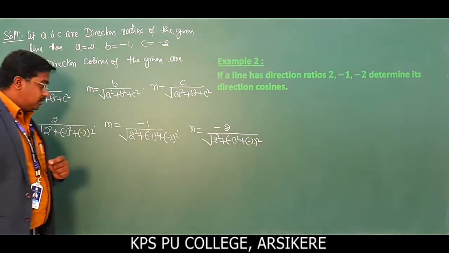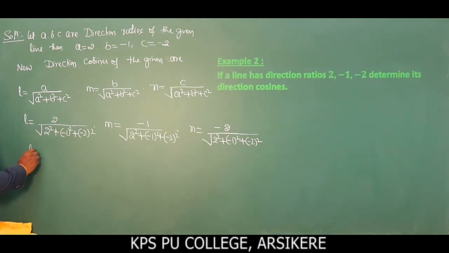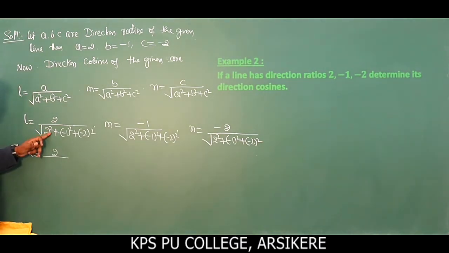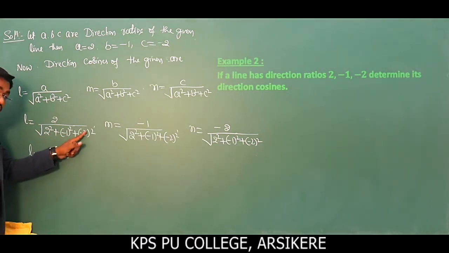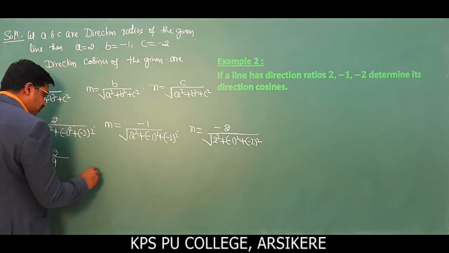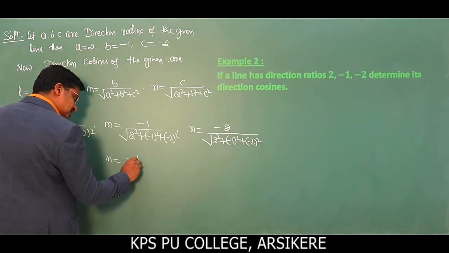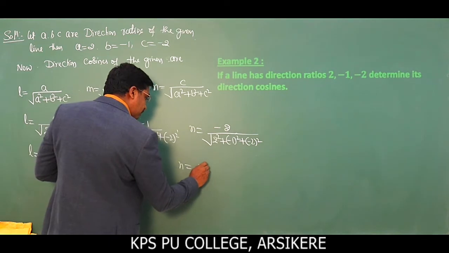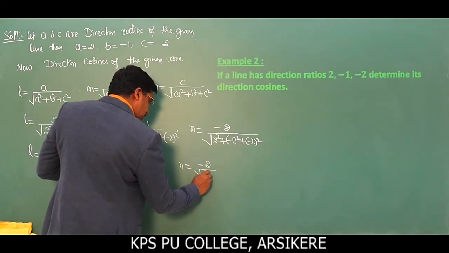Okay. Now simplification. L is equal to 2 divided by, just observe here, 2 square is 4, -1 whole square is 1, again -2 whole square is also 4. 4 plus 1 plus 4, you have to obtain 9, that is root of 9. M is equal to -1 divided by the same thing, root 9, and N is equal to -2 divided by root 9.